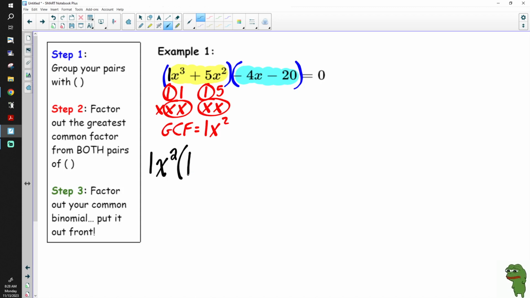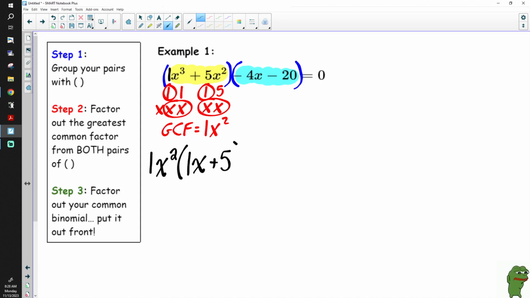I had x to the third, but then I did what? Took away 2 x's, so we're going to subtract 2 x's, leaving us with 1x. Let's divide 5 divided by 1 is 5, positive 5. It had 2 x's and we took them both.